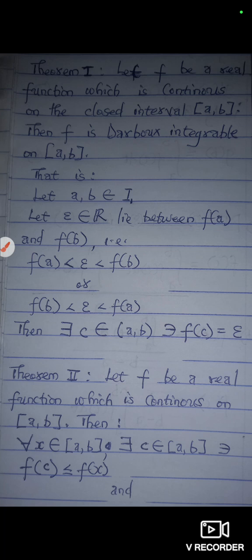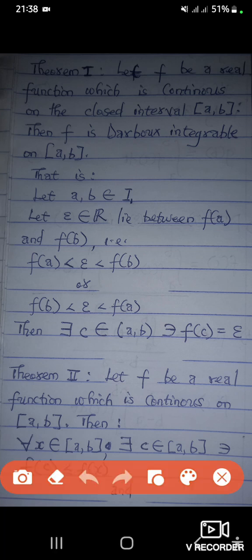Theorem 1 says that if we can find a number, or rather a function, epsilon, that is between two ends, then we can find another number c such that the function at c is equal to epsilon. So take note, epsilon is at the center. c is any real number. The function at c is equal to the value at the center of that inequality.